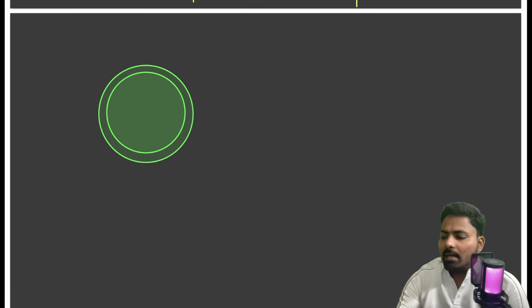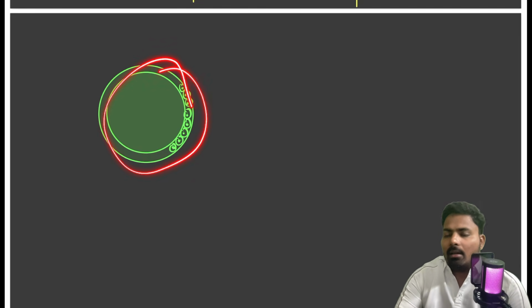It is carrying current out of the plane, in the entire region. Now you need to understand B inside: B in is 0, the inside magnetic field is 0, and what is B outside?